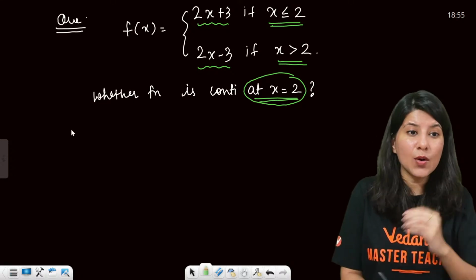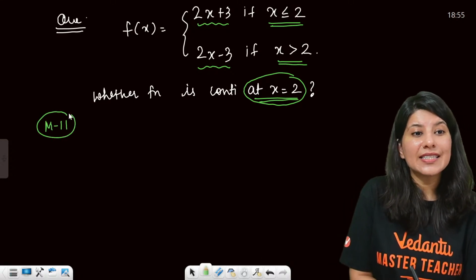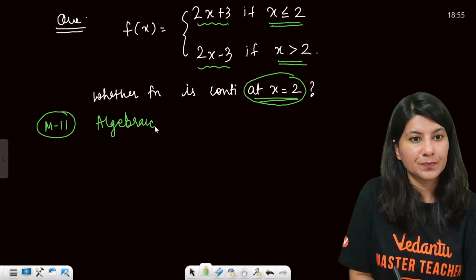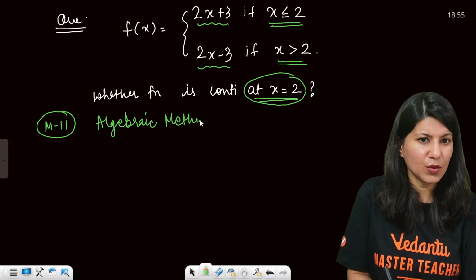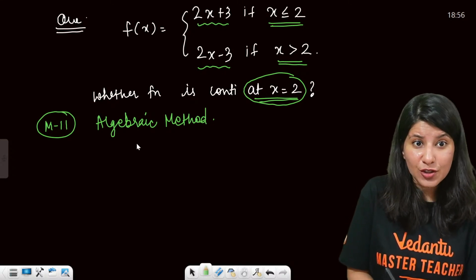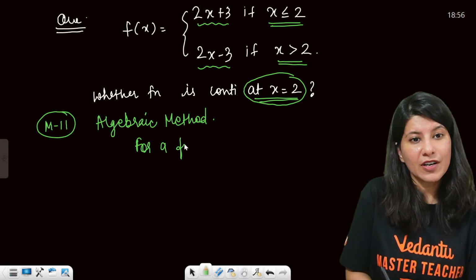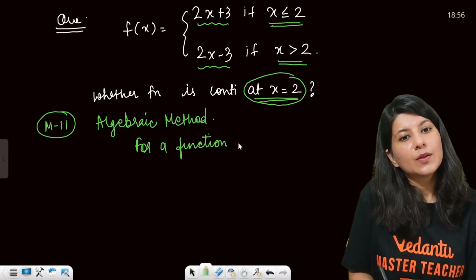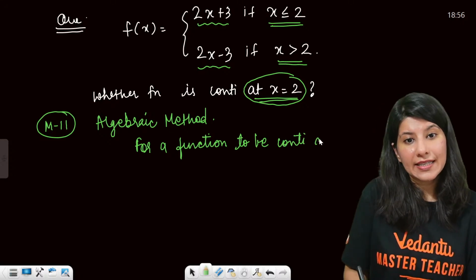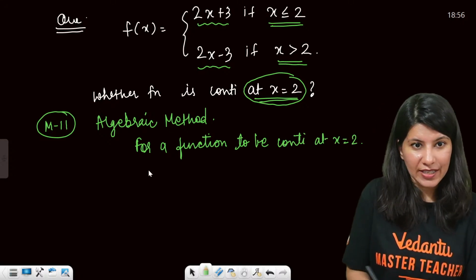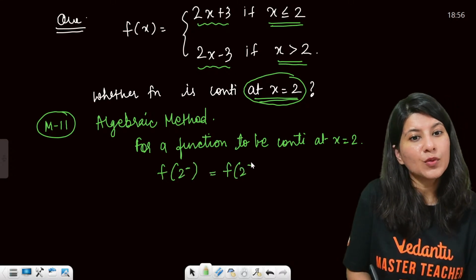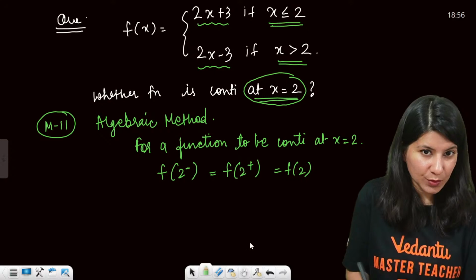How to check now? Method number 2. This is an algebraic method. You don't have to plot the graph. So for a function to be continuous at x equals 2, f of 2 minus should be equal to f of 2 plus should be equal to f of 2, correct?